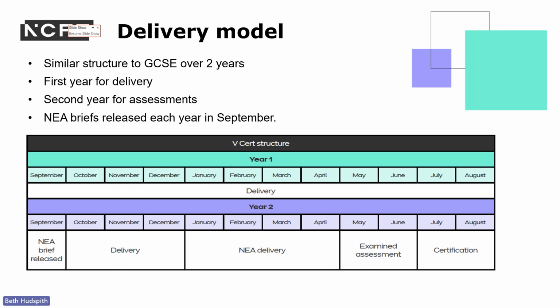But you can see from this structure that year 1 is about delivering those content areas. And then in year 2, the brief is released in September, but doesn't necessarily have to be delivered in September. And our recommendation is to deliver the NEA brief from January.